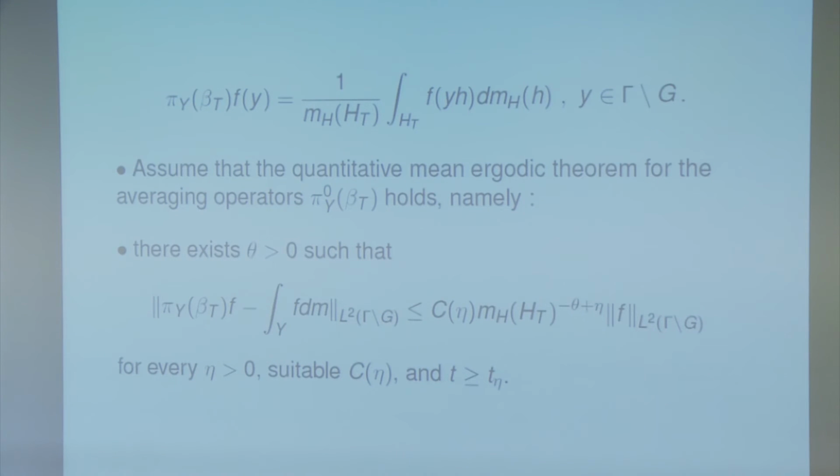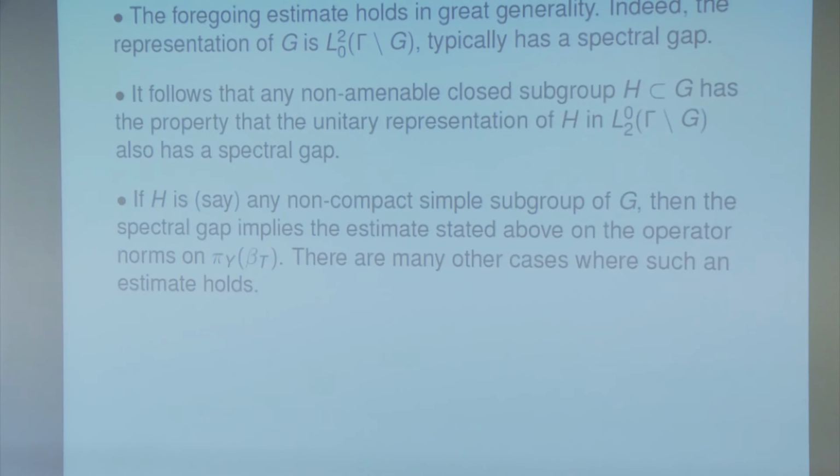Why is it so common? Because the action of G on G mod Gamma has a spectral gap. And if the action of G on G mod Gamma has a spectral gap, then the action of a closed subgroup, which is non-amenable, also has a spectral gap. And typically, this would mean that you have a decay estimate which is given by a certain power of the volume. Although, of course, it's not completely universal, but it's very common. It would be true for example, as it is stated here, for any non-compact simple subgroup.